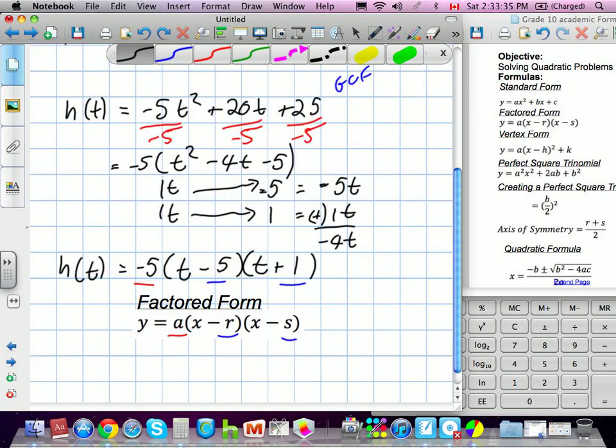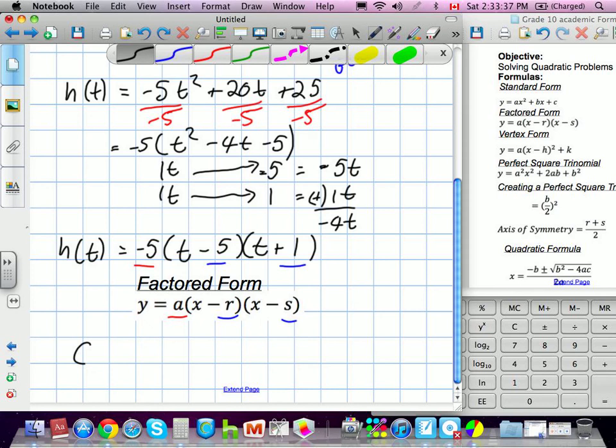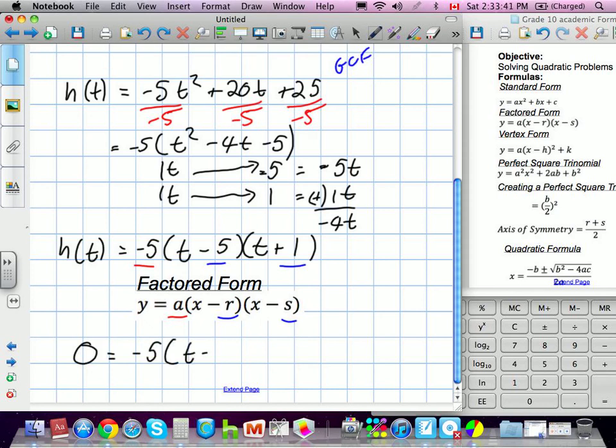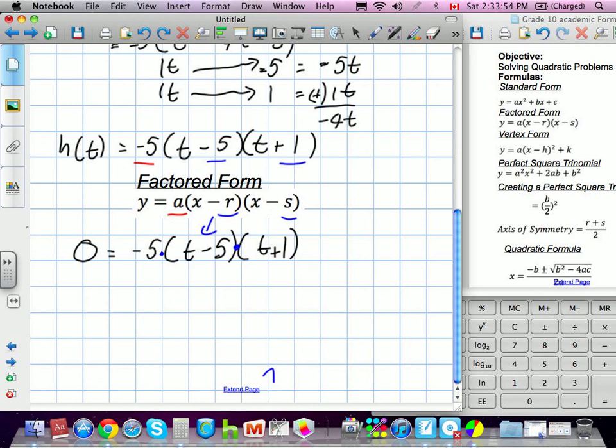Now, these are all multiplication. I need one of these here to be 0 in order to create a 0. This negative 5 is really not going to do anything. And we can even isolate this by dividing both sides of the equation by negative 5.